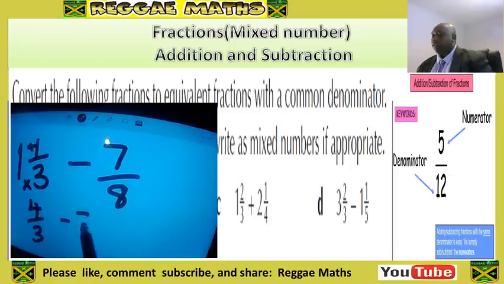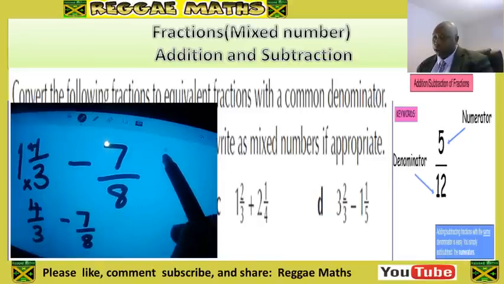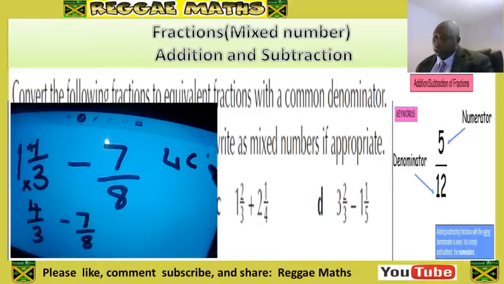Take away 7 over 8. Now my next step here, if you go back and look at the previous video, you can see here, is the bottom number the same? No. So we need to find the lowest common denominator of 3 and 8.